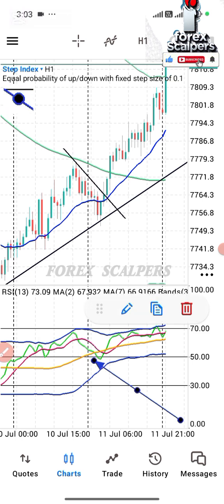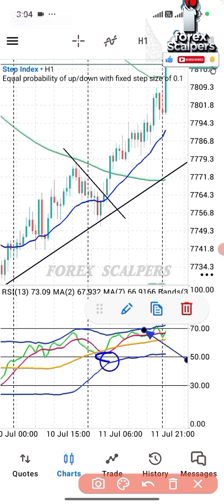When price is doing that, if you observe carefully, you realize that the price line, which is the green line, crosses the signal line to the downside. Then here, the green line again crosses the signal line back to the upside. So if you look at this cross here, that is what is happening here.